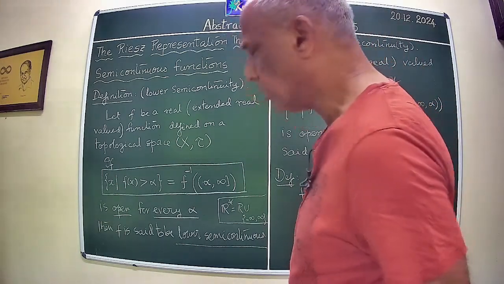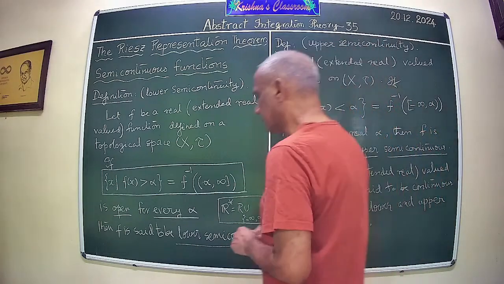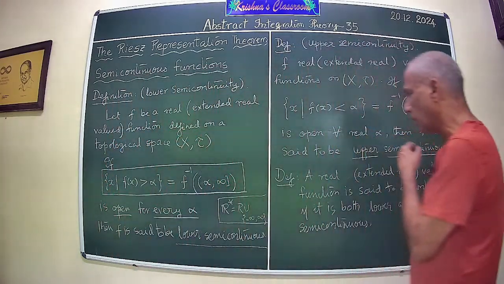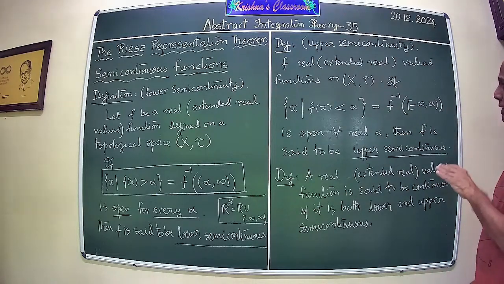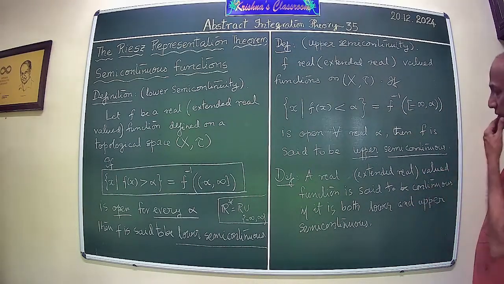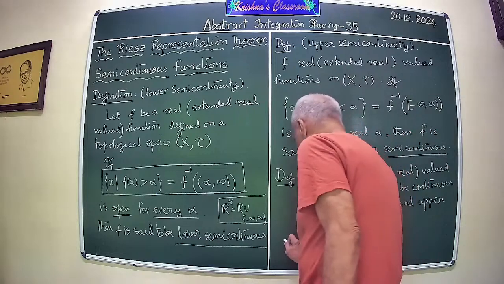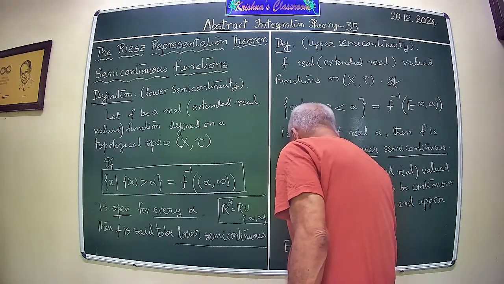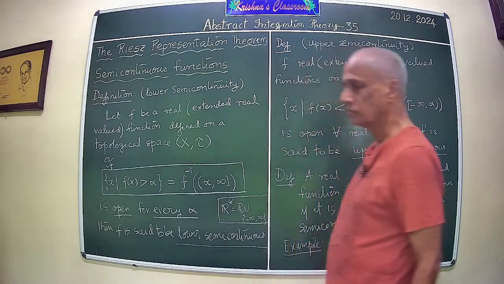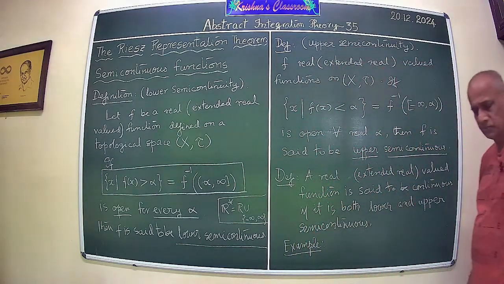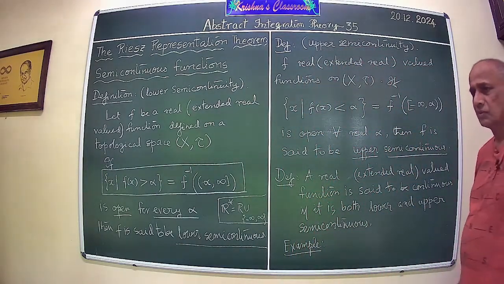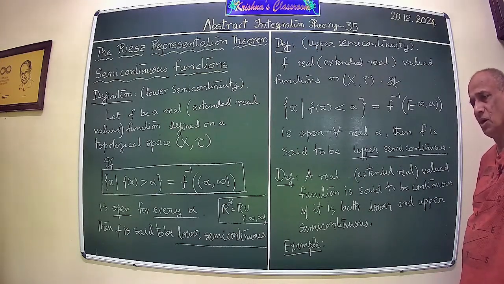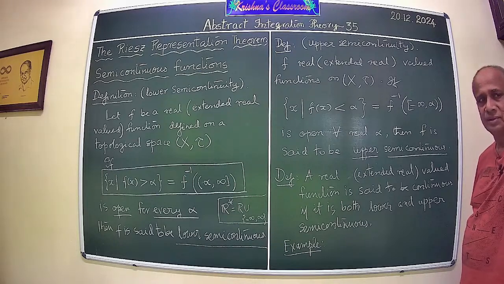Now we'll look at some examples. That's the better way to understand this. In fact, I want to make some remarks, but possibly I postpone it until I get some examples. So we'll look at examples which are not either lower semicontinuous or upper semicontinuous.